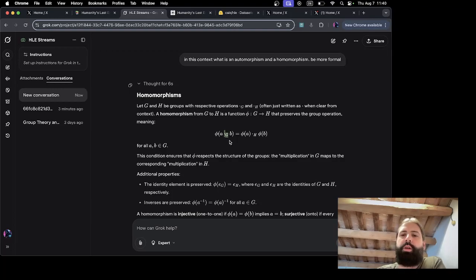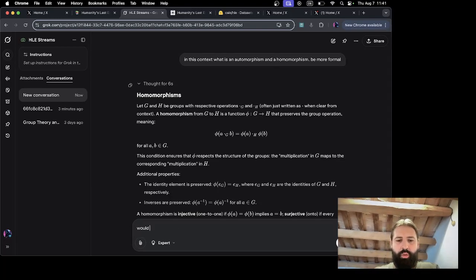It tells us how to understand the product of H in the context of G. It's almost like saying, for example, and maybe that's not totally accurate, how does addition work with the complex numbers? Let me just verify that.